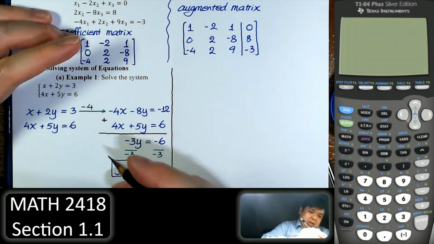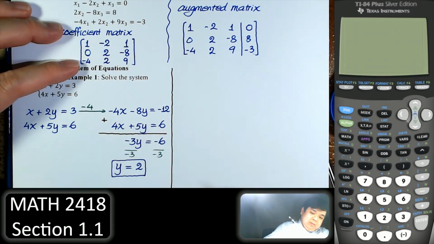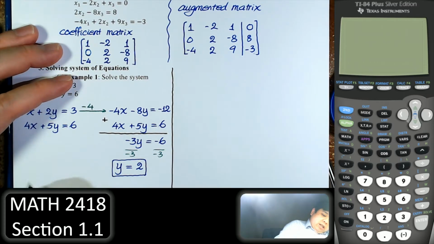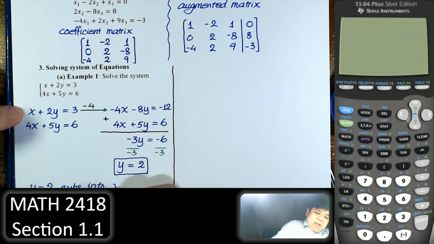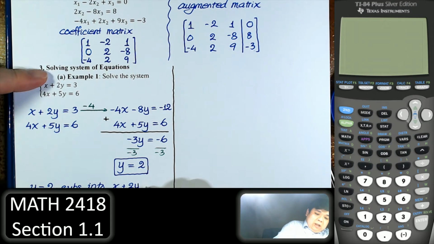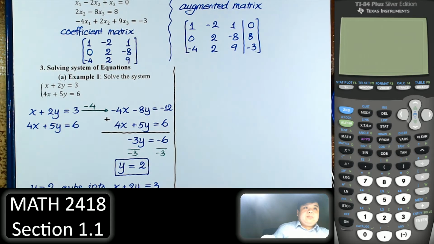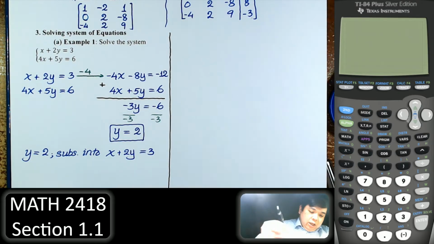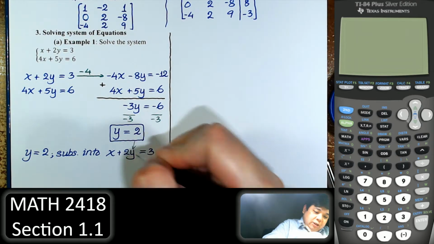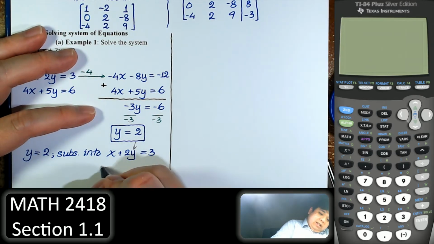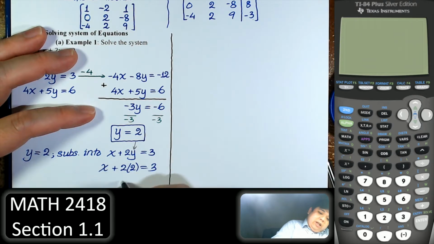Now if we substitute y equal to 2 into the top equation x plus 2y equal to 3, here we have x plus 2 times 2 equal to 3. So x equal to 3 minus 4, which is -1.